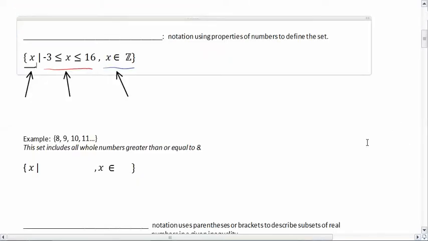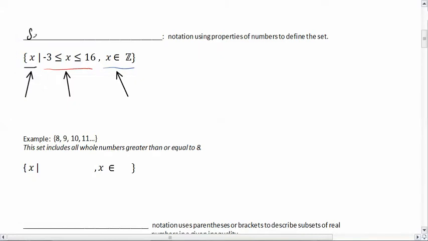Okay, now we're going to be talking about set-builder notation. This is the notation using properties of numbers to define the set. So given all of this mumbo jumbo below, we actually read this as x, the set of numbers x such that, so some x set such that negative 3 is less than or equal to x, which is less than or equal to 16.